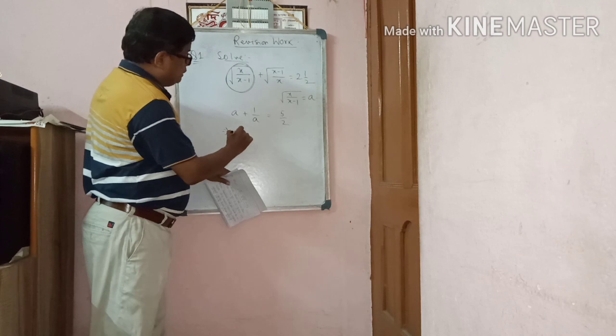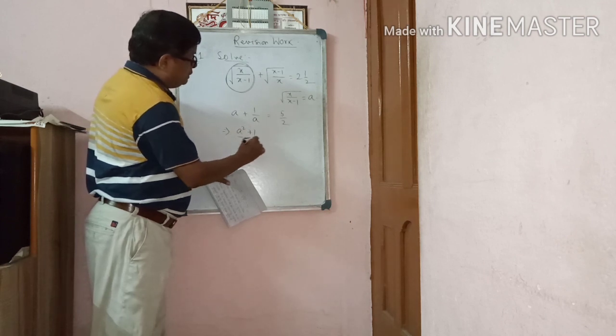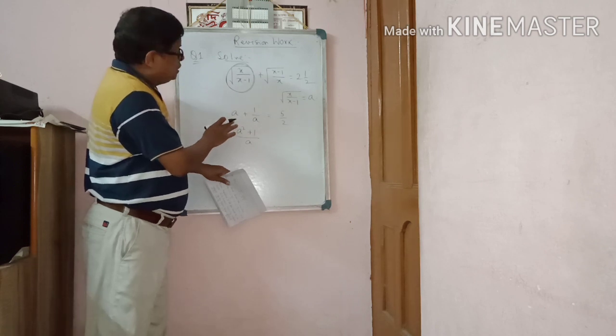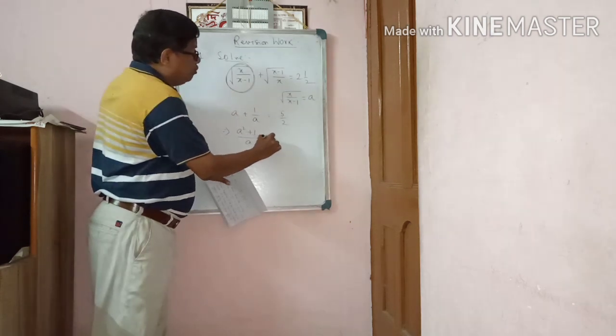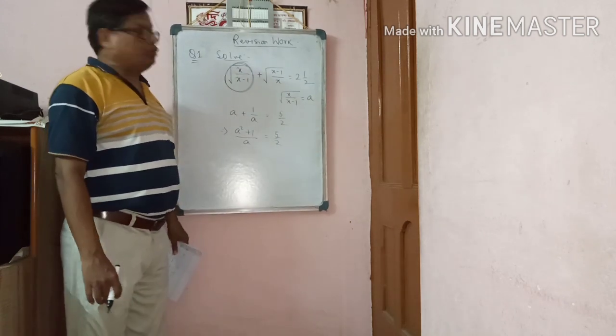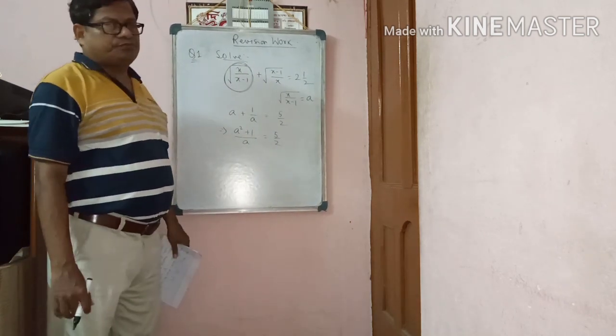Now write a square plus 1 by a into a square plus 1 by a equal to 5 by 2.